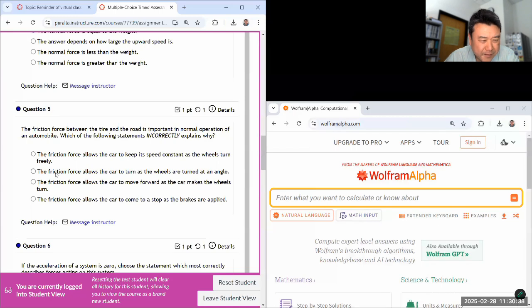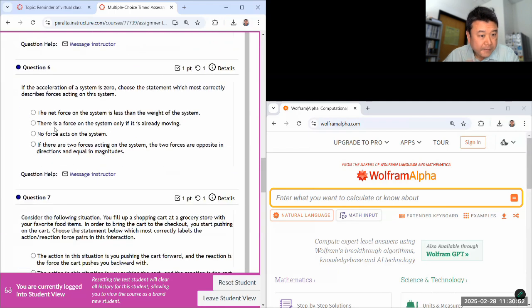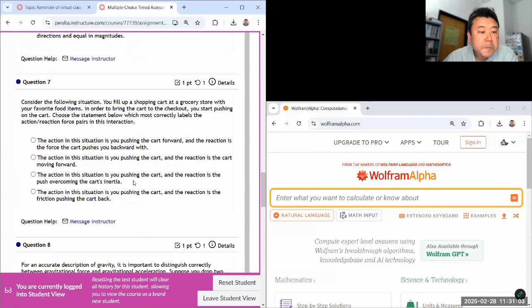That feels incorrect. Let me read the rest. Correct. Correct. Yeah, so I think that's incorrect. Yeah, because net force is zero.